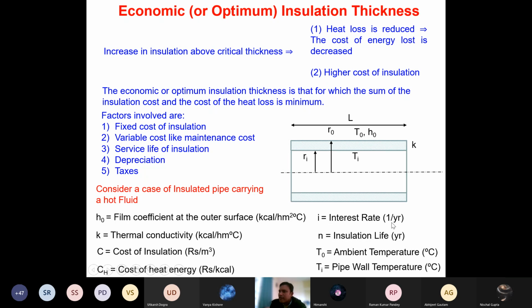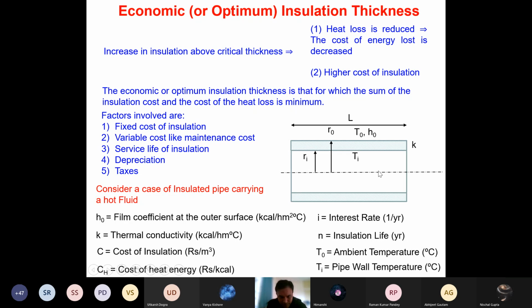I is the interest rate per year. N is the number of years of insulation life. T0 is the ambient temperature and Ti is the pipe wall temperature in degrees Celsius. Again, we are assuming that the convective resistance inside the pipe is negligible, so Hi is very high.